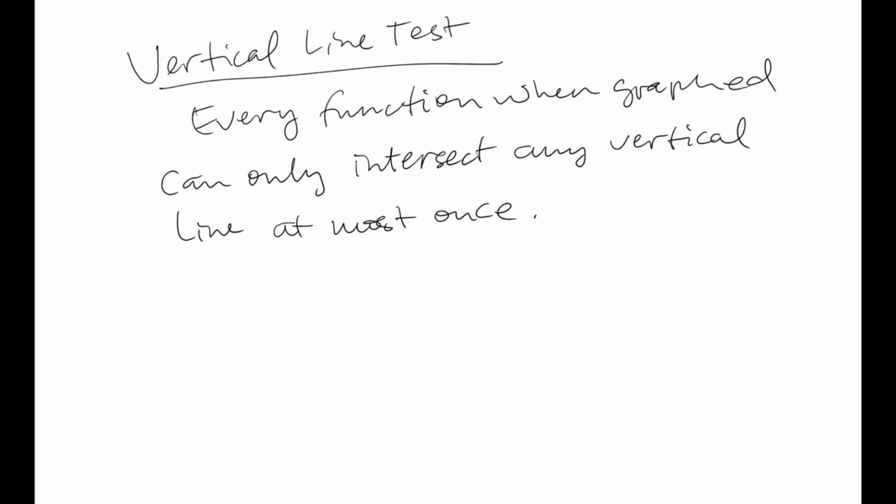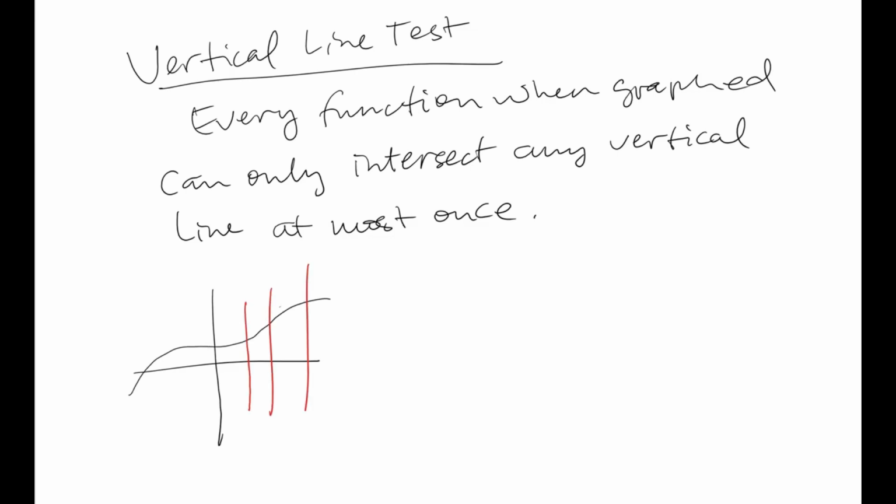So there's two examples I want to give you. So one example could be like this function here, and a vertical line will hit it only once. So that's a function. So this f of x is a function. So this is yes.